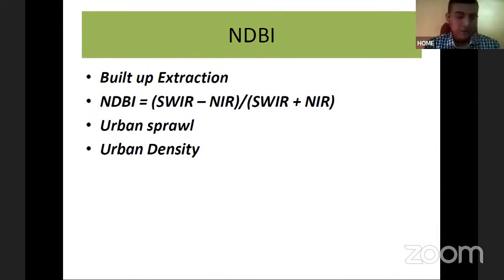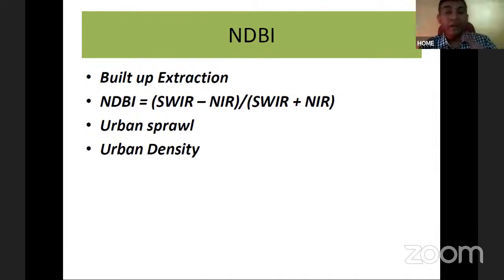For urban planners, geographers who are interested to identify built up area, how built up area is expanding, changing. So to identify those features, we are having this specific equation, which is SWIR minus NIR. That is short wave infrared minus near infrared.